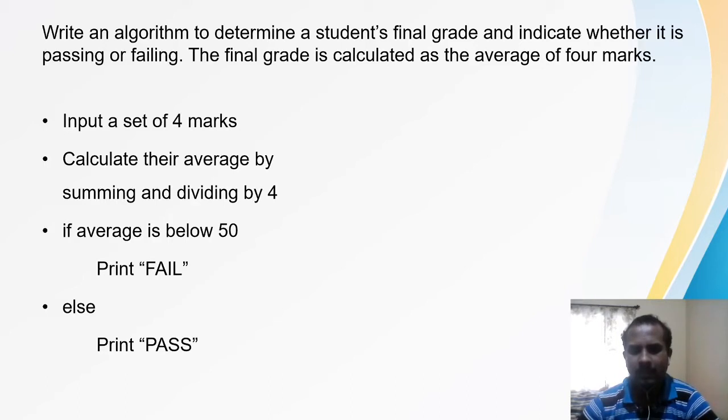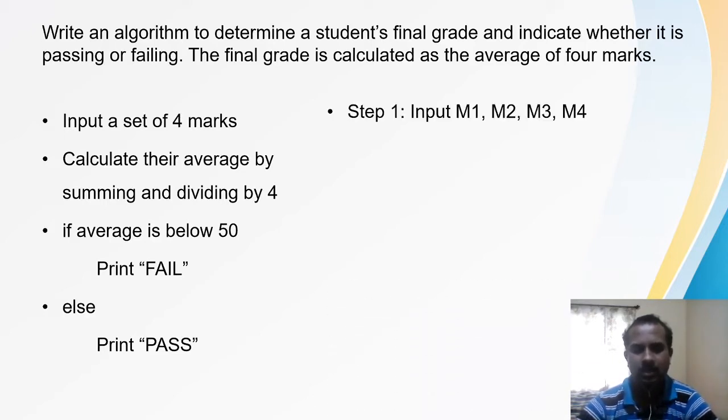If average is below 50, print fail, else print pass. So in the first step we are saying that we have to collect the 4 marks, and then calculate the average by summing and dividing by 4. Afterwards we have to determine whether he fails or passes.